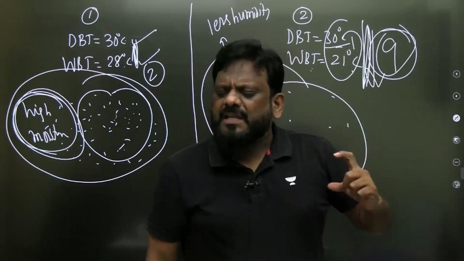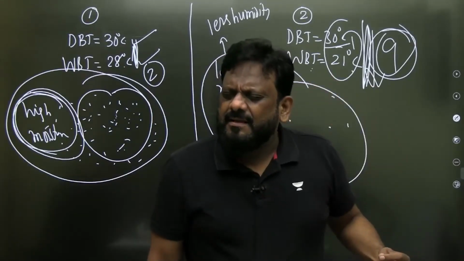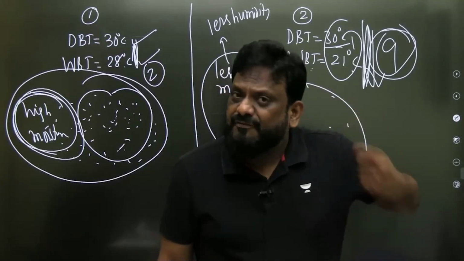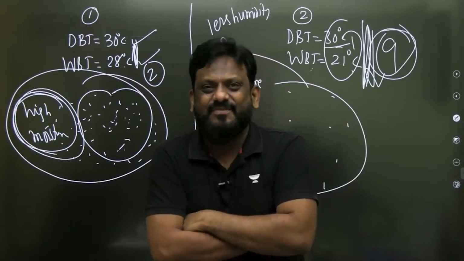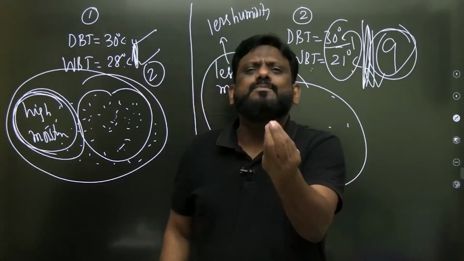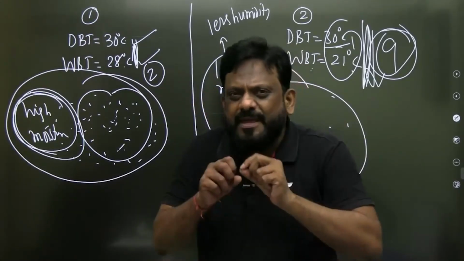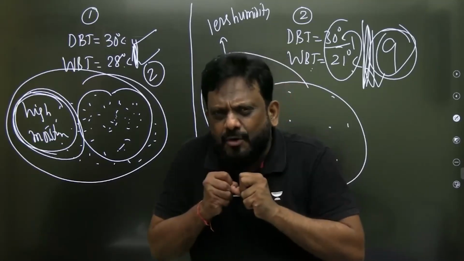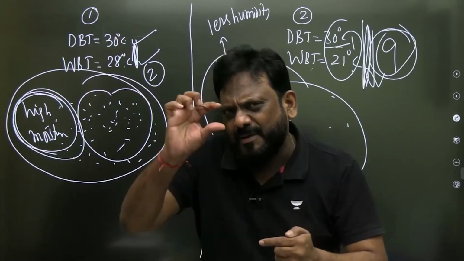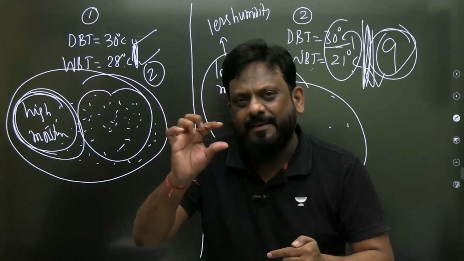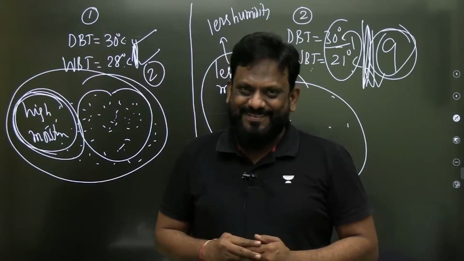That means when the water vapor in air is very less, the wet bulb depression, the difference between wet bulb and dry bulb, will be large. And if the moisture content in air is very large, it needs very less moisture to reach saturation. So its absorbing capacity is less. When it absorbs less moisture, it loses less heat. When it is losing less heat, the difference between dry bulb and wet bulb will be small. Thereby, the wet bulb depression will be small.